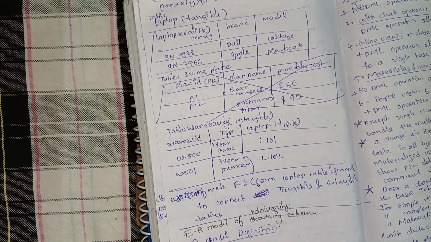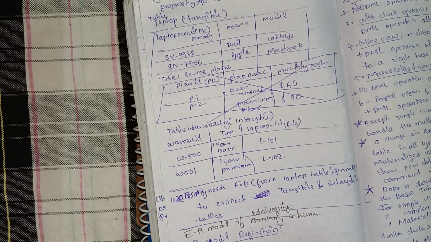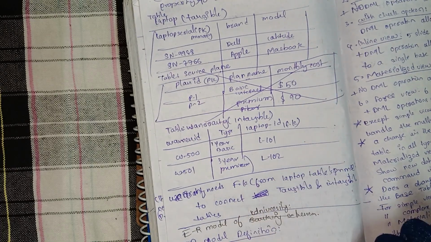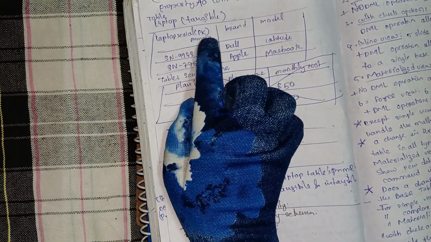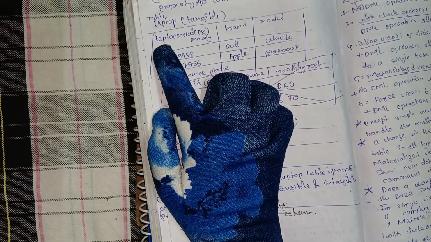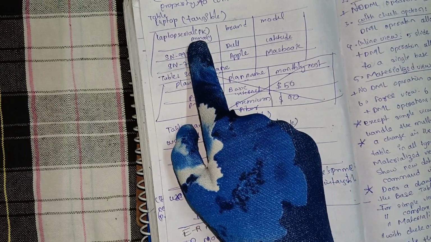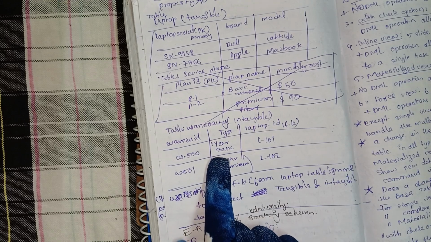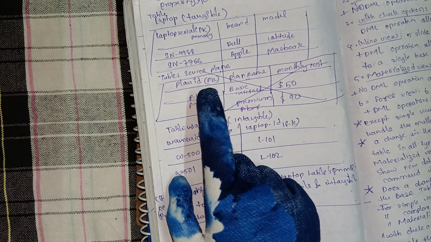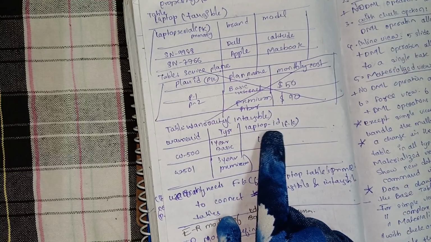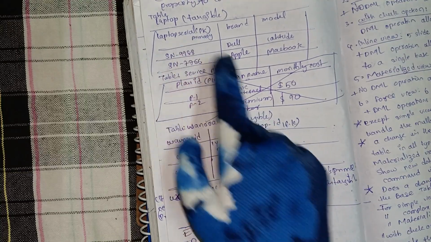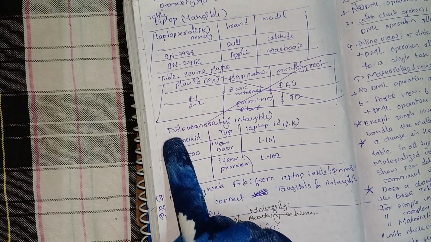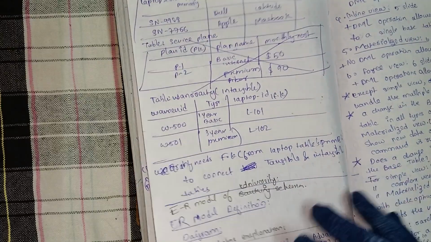So here if we want to connect the laptop table and the warranty table, meaning tangible entity and intangible entity, then we have to use a primary key and a foreign key. Laptop serial number is the primary key column in the laptop table, and if we want to connect them, we have to use the primary key of this table as a foreign key in the other table, so that we can connect both tables.